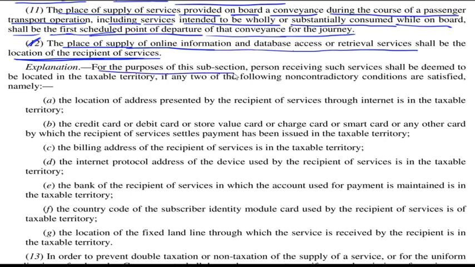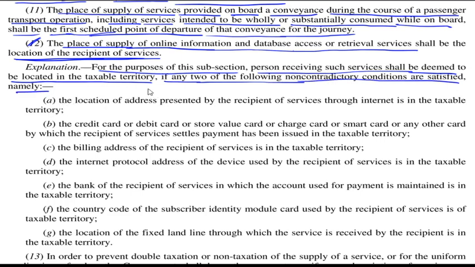For the purpose of this subsection, the person receiving such service shall be deemed to be located in the taxable territory if any two of the following non-contradictory conditions are satisfied.